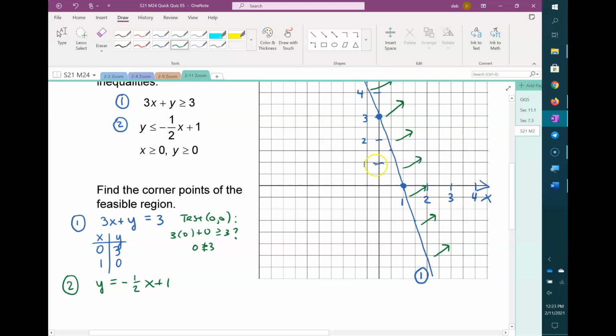Okay, then the second line is already in slope-intercept form, where I can see that the y-intercept is 1. And my slope is down 1 over 2. Then I draw this line, and it's straight.